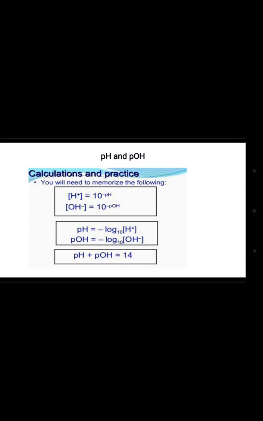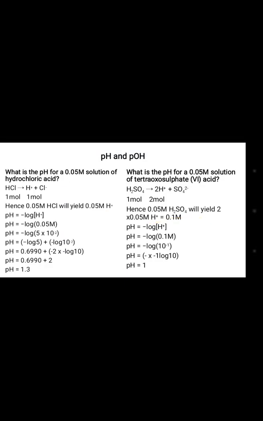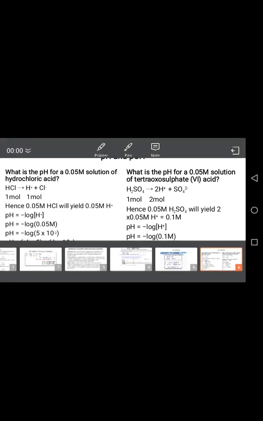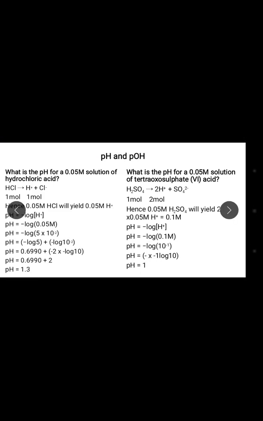Now we're going to be treating some questions. The first question says, what is the pH of a 0.05 molar solution of hydrochloric acid? When you are faced with a question like this, you ask yourself, what is this?